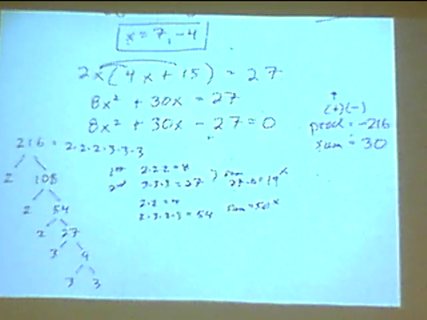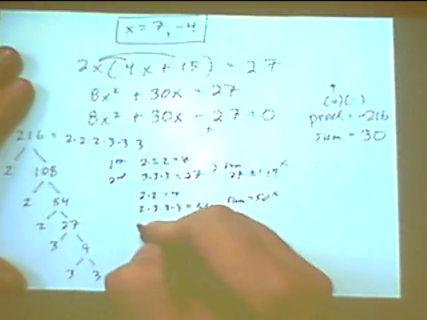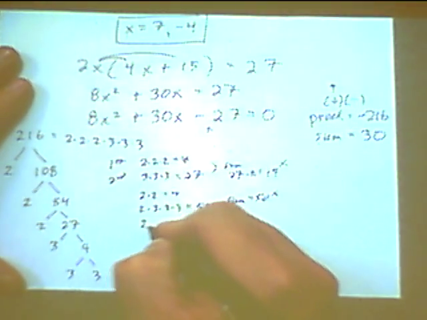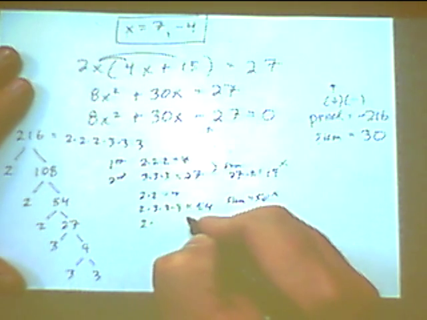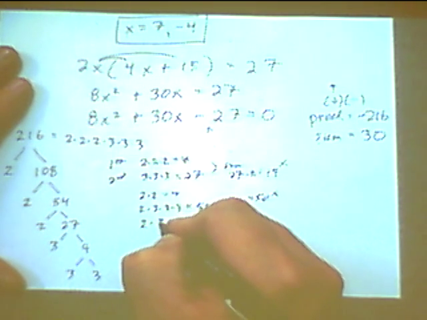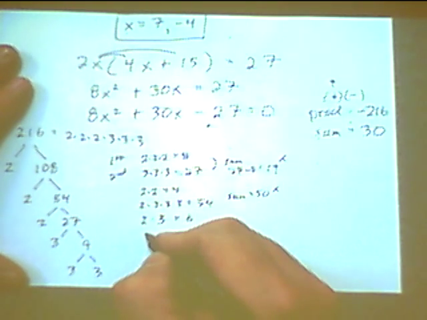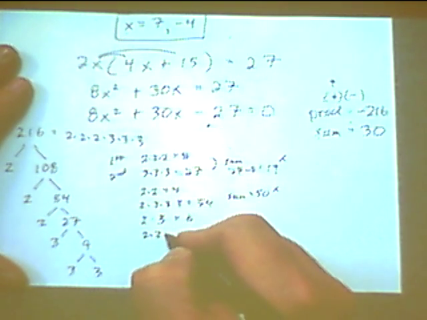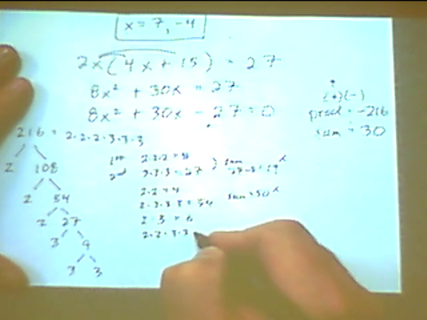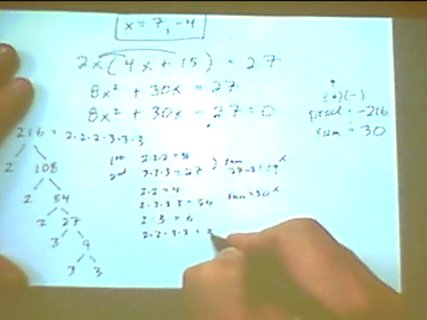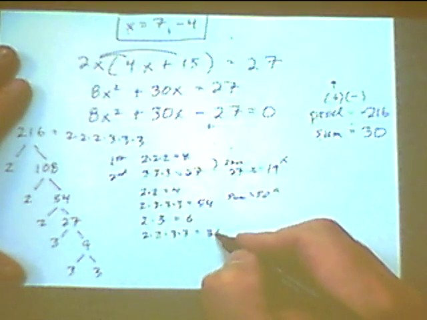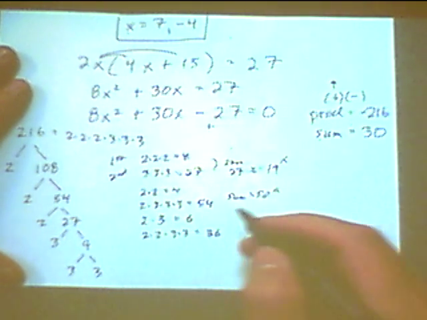How about we take maybe a 2 and a 3. Don't know if this is working out. That's 6. So I have 2 times 2 times 3 times 3. That's 4 times 9. So now, 36 minus 6.